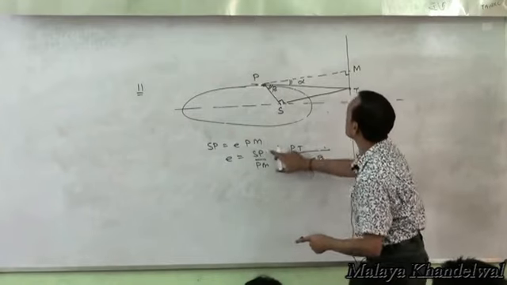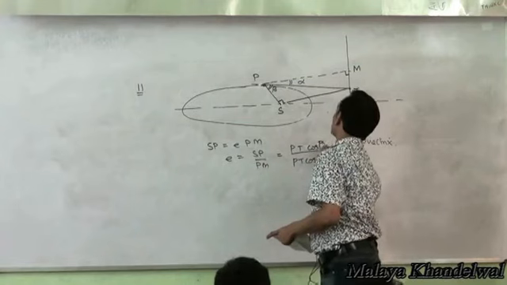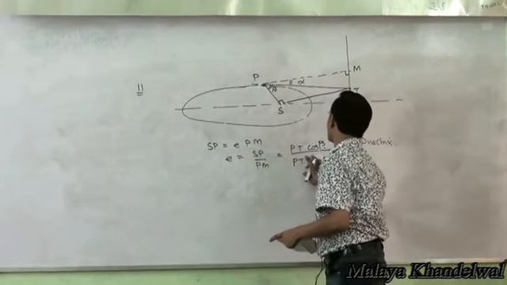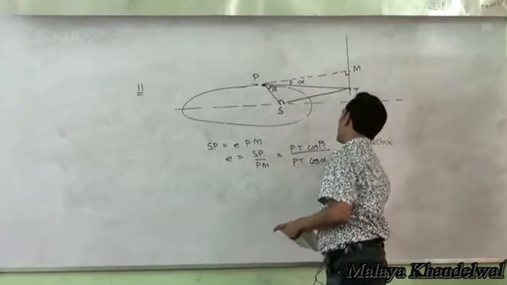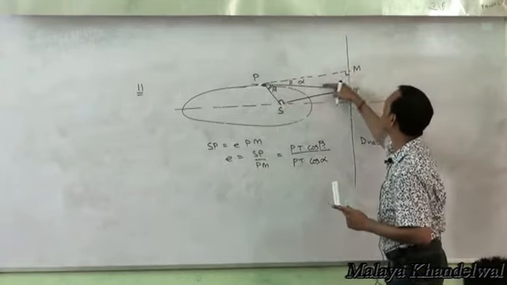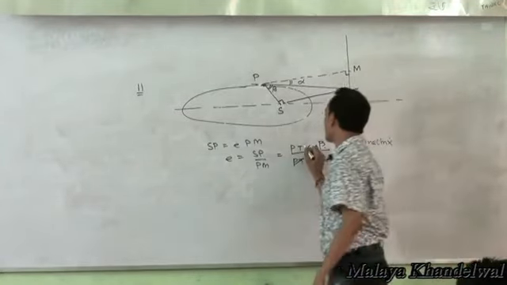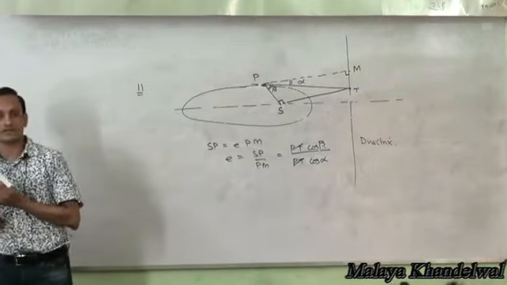I'm sorry, SP is this, so PT cos beta, and this is PT cos alpha. So SP is PT cos beta and PM would be PT cos alpha. So cos beta by cos alpha, that's the eccentricity of the ellipse.